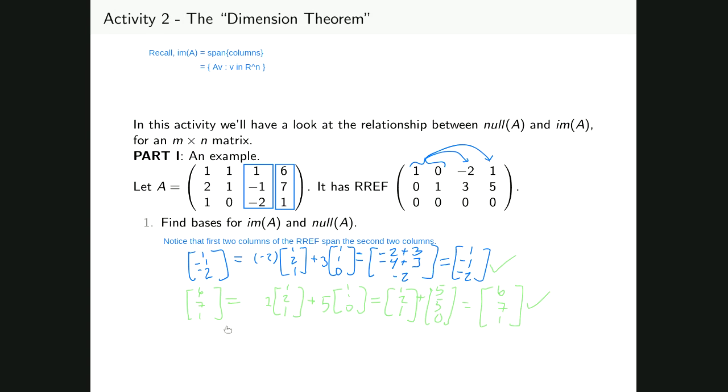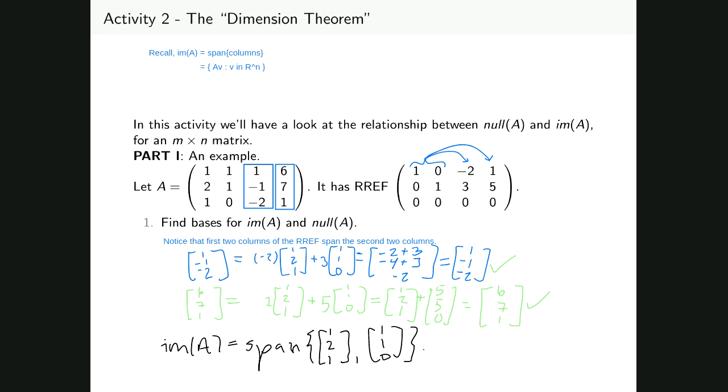So our basis for the image is the span of those first two.